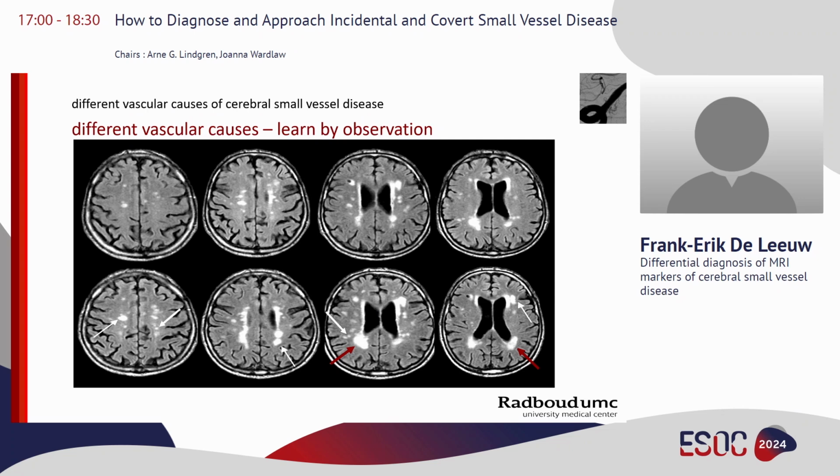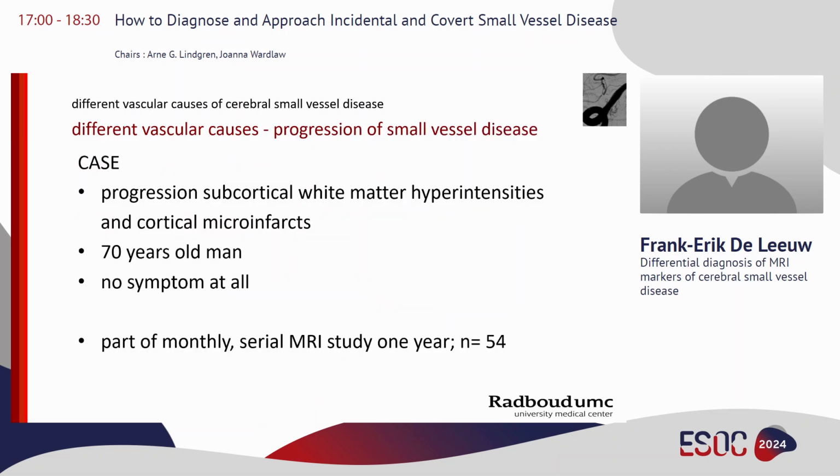Whereas you see here in the yellow and the red arrows, a recruitment of initially normal appearing white matter into white matter lesions. So by simply looking at it, there seem to be different mechanisms going on.